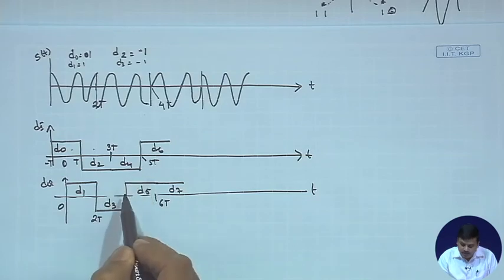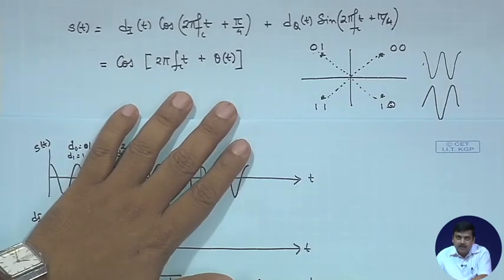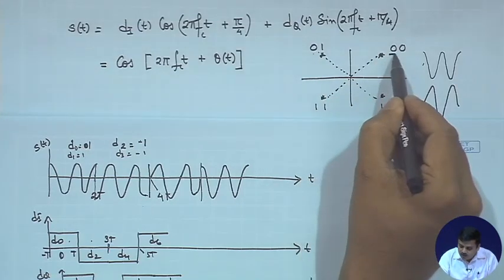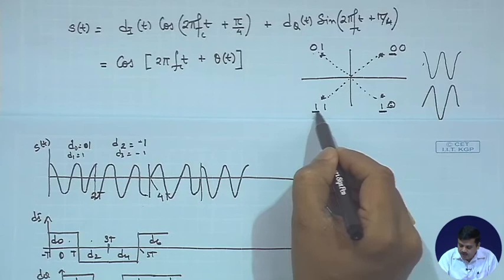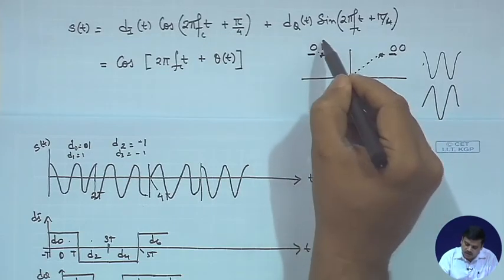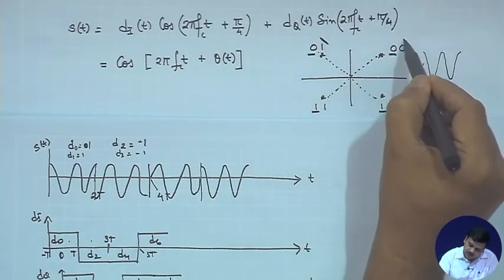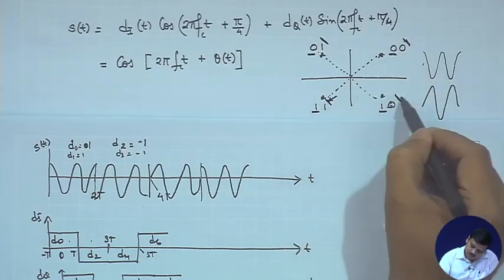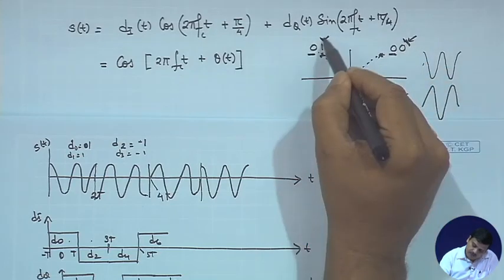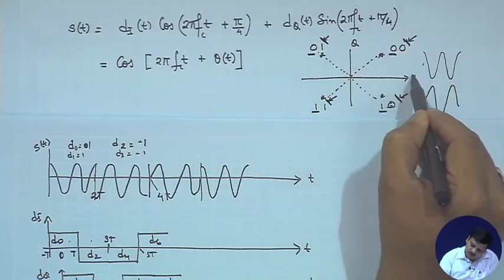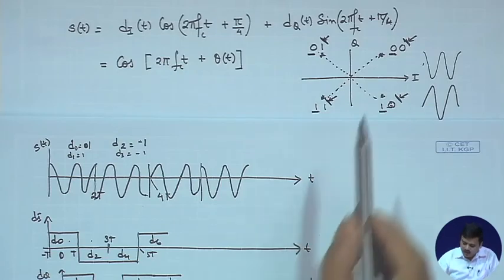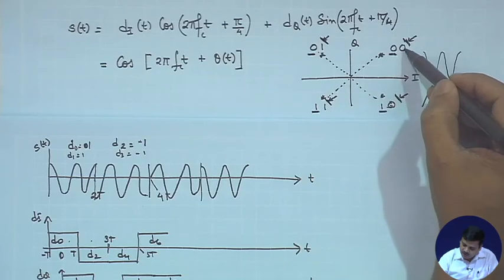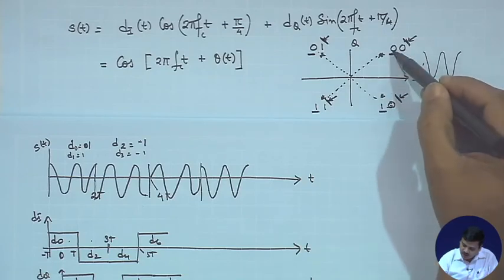So, what this means is that in this diagram you are changing either the I bit or the Q bit. You could identify this as the I bit, and the second bit as the bit for the Q axis. So, if one of them changes, that means if this remains constant, only I changes.